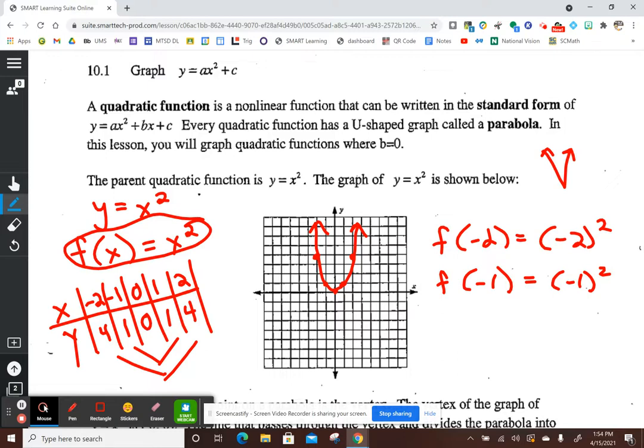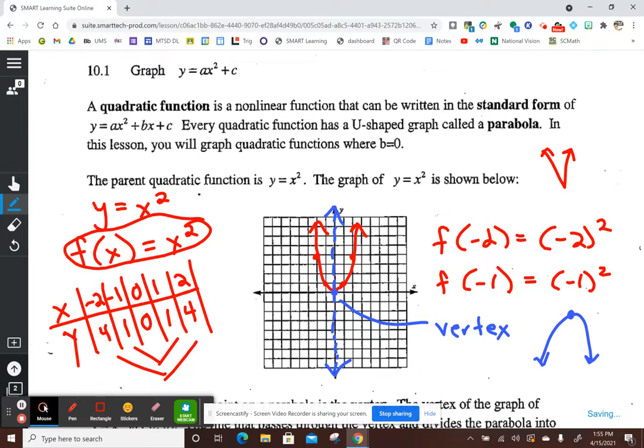Now, the point at the very bottom, right here, the lowest point, that is called the vertex. Now, when the parabola faces upward, the vertex is the lowest point. When it faces downward, the vertex is the highest point. And through the vertex, there is a line that's called the axis of symmetry.